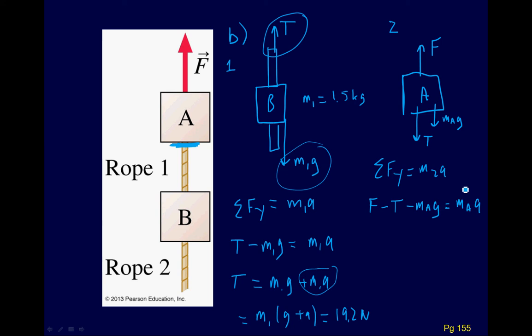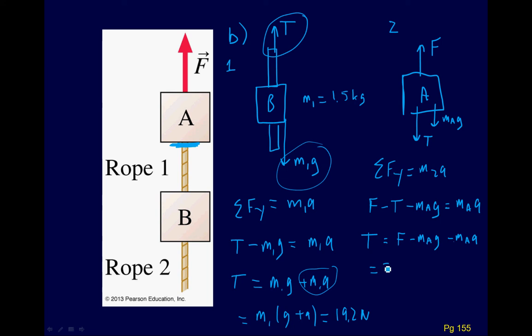Mass 2 is just MA, the only object acting there. Solving for the tension, I get the force minus MA G minus MA times acceleration.